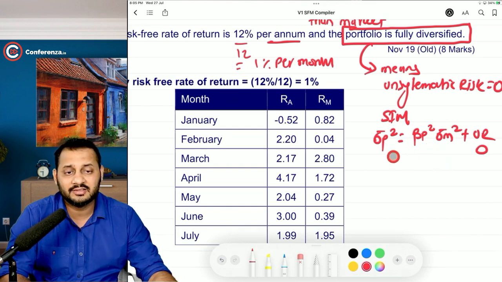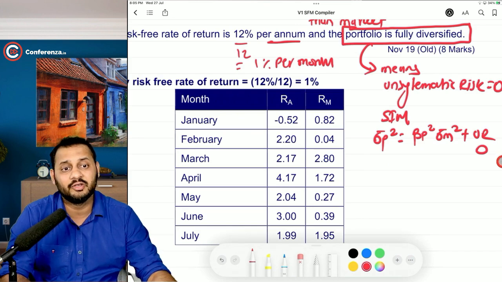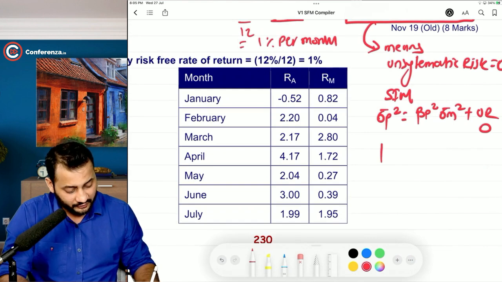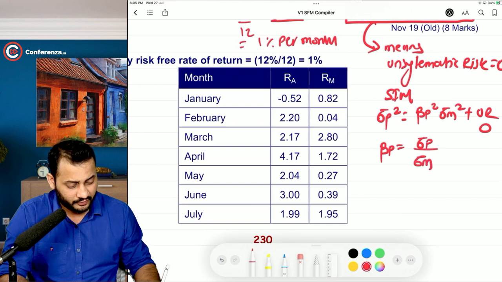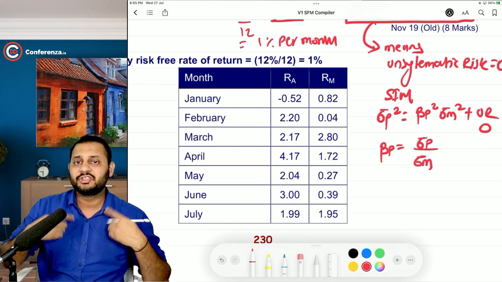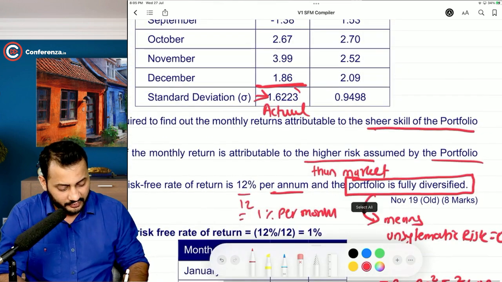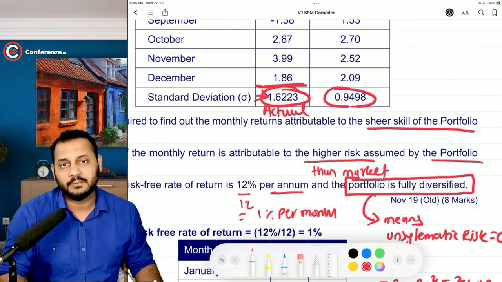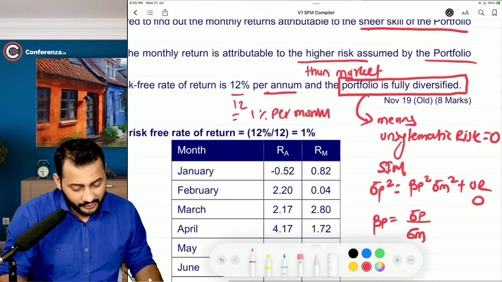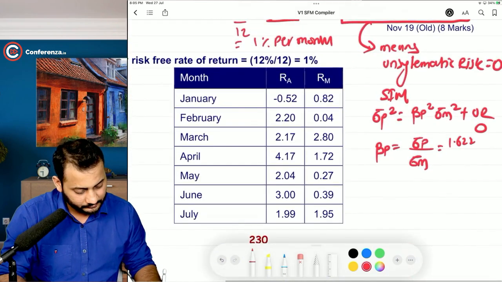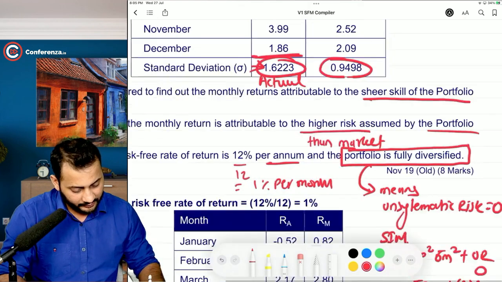The total risk is nothing but the systematic risk itself, because unsystematic risk is 0. If you keep on solving this equation, you will get beta of the portfolio equal to standard deviation of the portfolio divided by standard deviation of the market. You have been given both standard deviations, so you can directly calculate the beta. When you do that, it comes to 1.6223 divided by 0.9498.